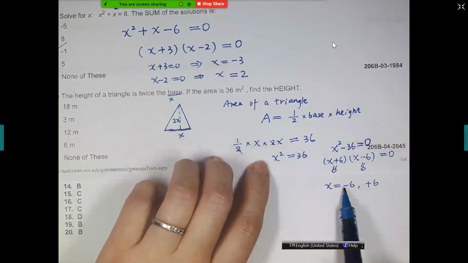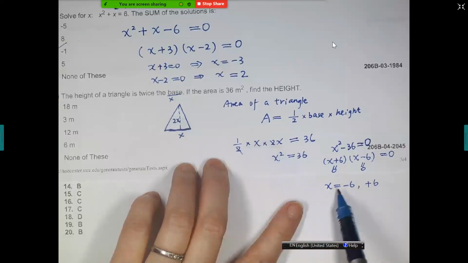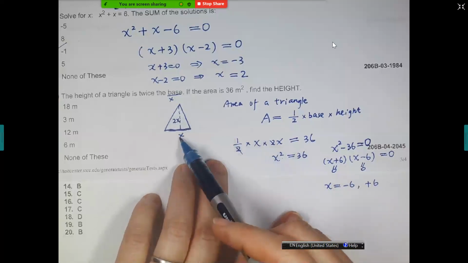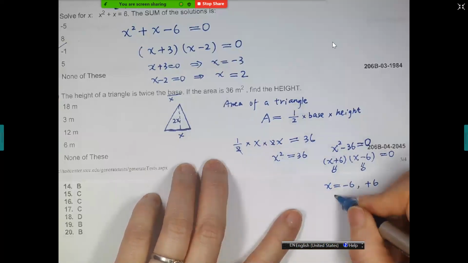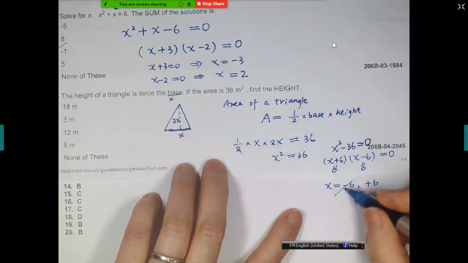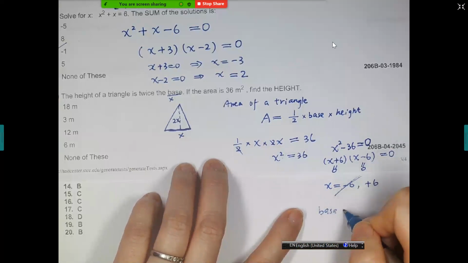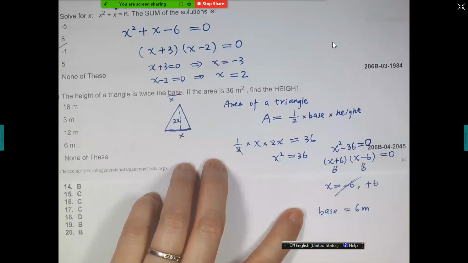Then we go back to the real problem. x represents the base, the length of the base. The length can never be a negative number. So then we just neglect this negative, cross the -6 out. So we'll see the base equals 6 meters. All right, so the base cannot be -6 meters.